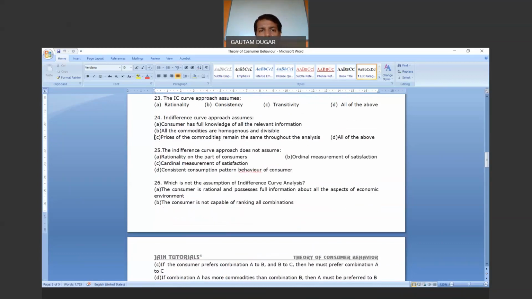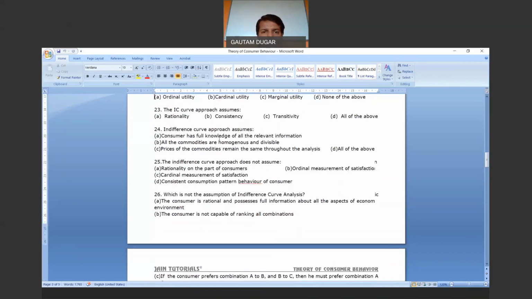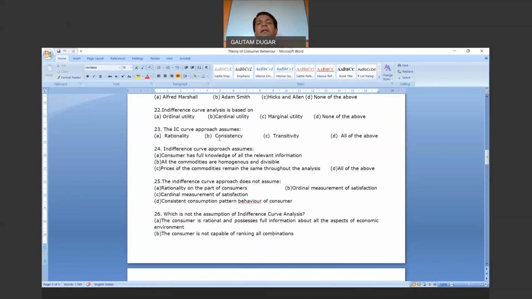I hope you all remember that the indifference curve analysis is based on the ordinal approach. Ordinal approach states that utility can only be compared. Right.